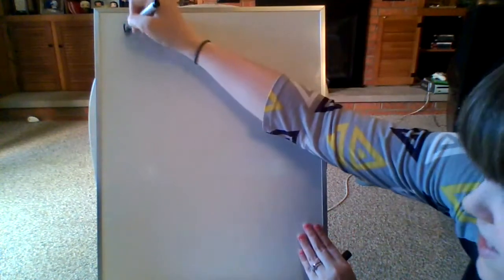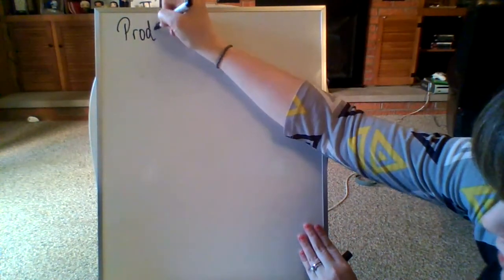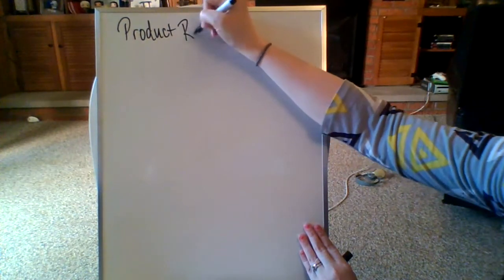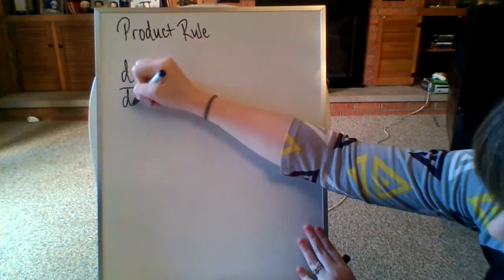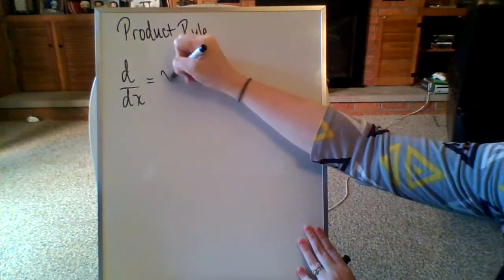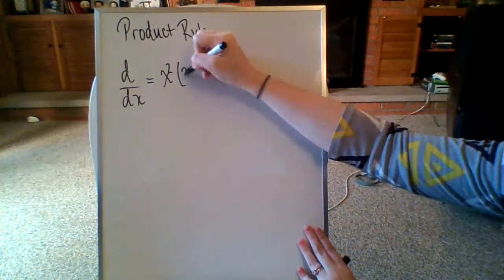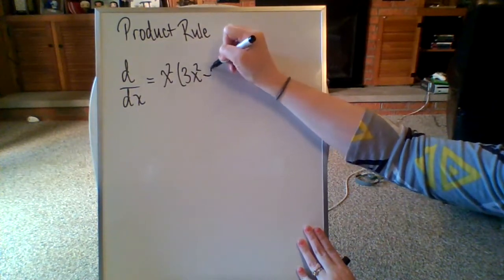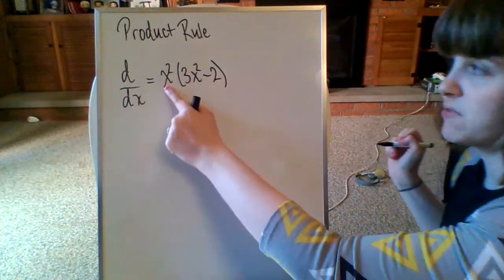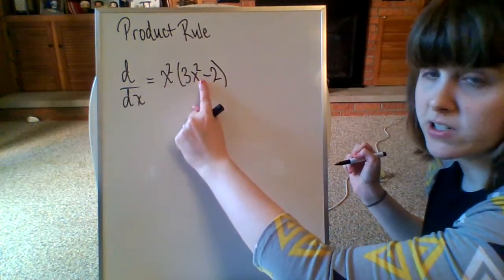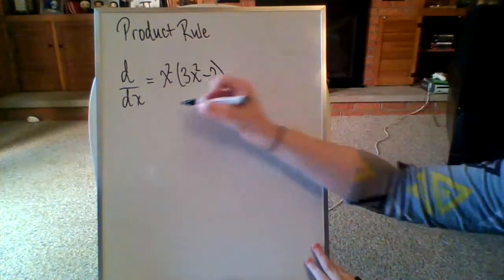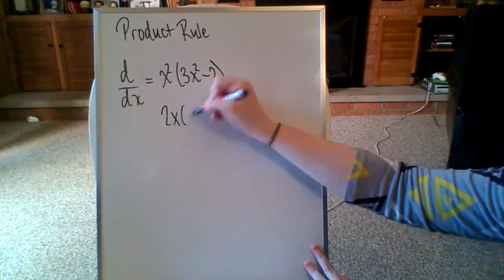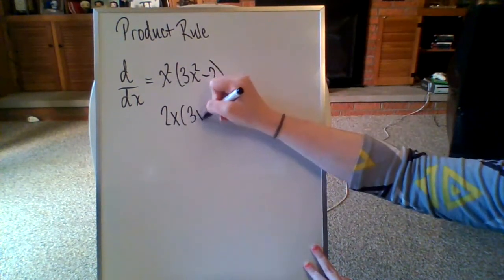Alright, so here we go. Here's our problem. And again, this is an example of the product rule. So our problem says find the derivative of x squared times 3x squared minus 2. So this is the first part, this is the second part. So we're going to take the derivative of the first part, which is 2x, times the second part as it is.